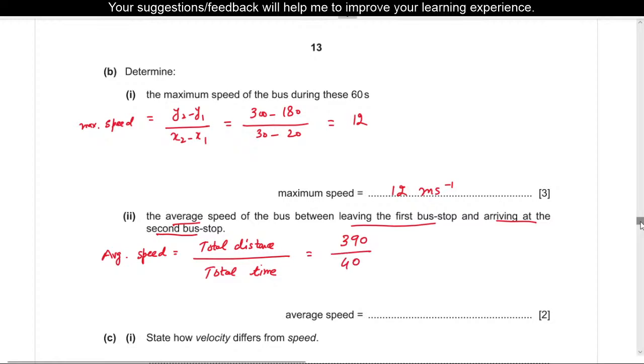You can take any value between 39 to 40 because from the graph it is not clearly visible. It is in between 39 to 40, and if you calculate it, 390 divided by 40 is 9.75. So the average speed is 9.75 meter per second.